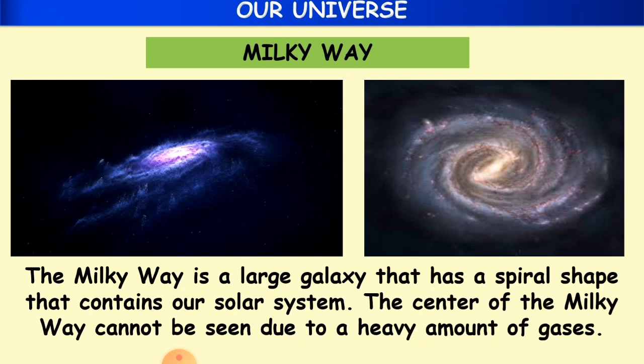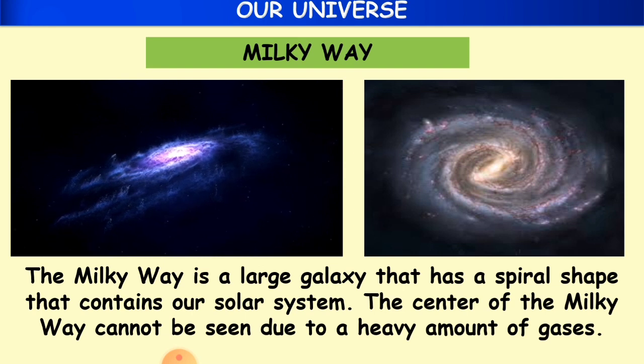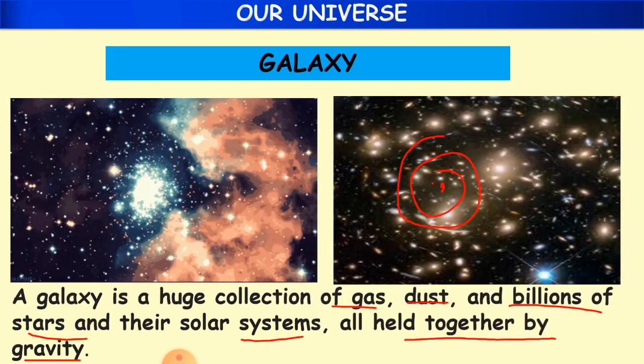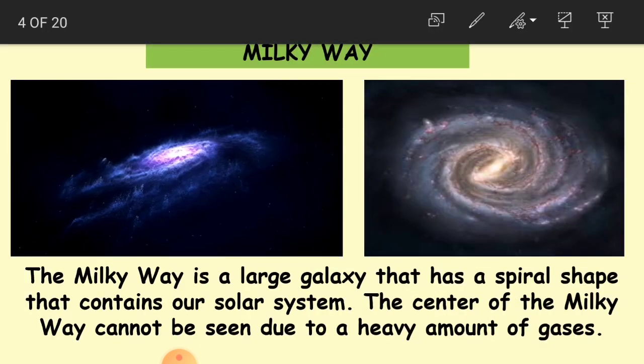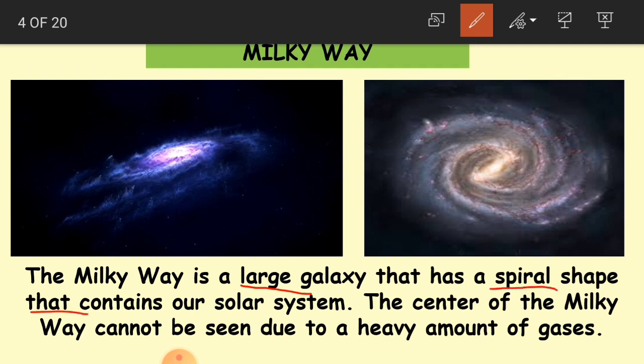Clear children? Now the Milky Way. Are you able to see the Milky Way? Yes. The Milky Way is a large galaxy, a very big galaxy, that has a spiral shape and contains our solar system.